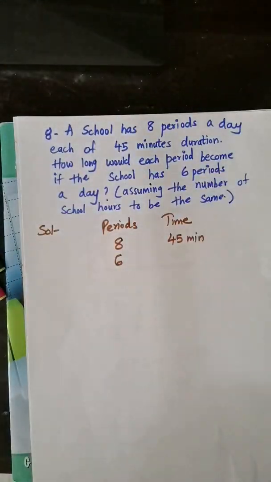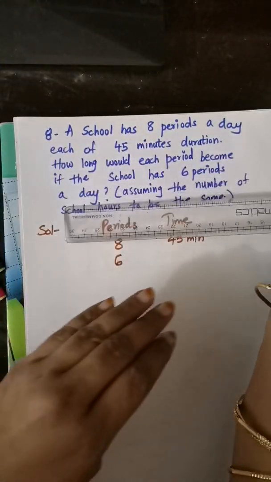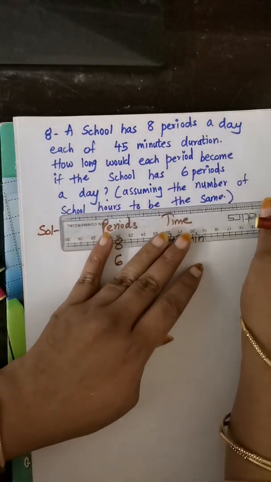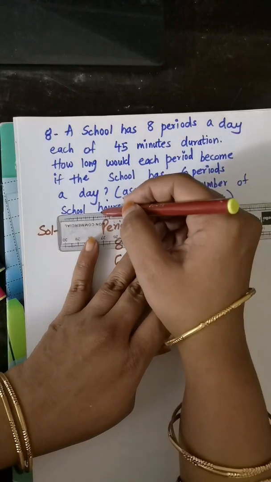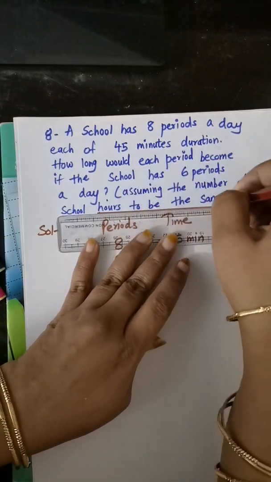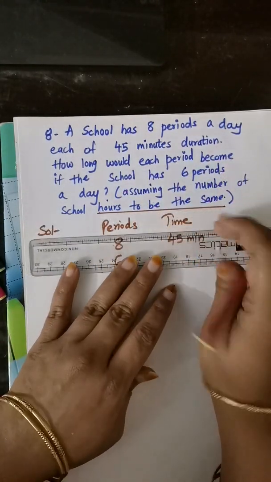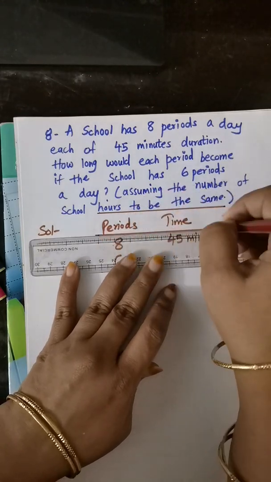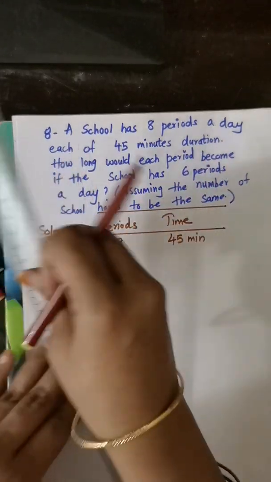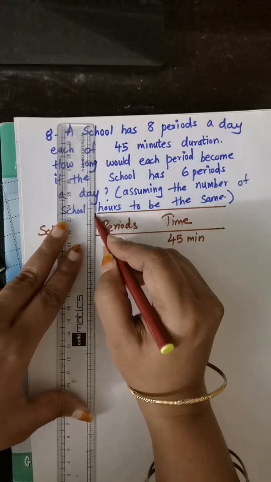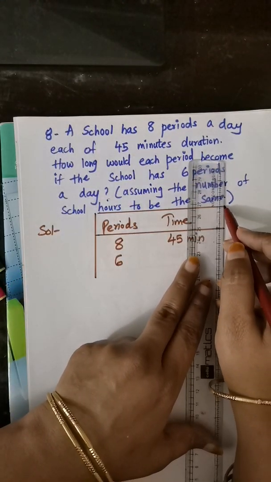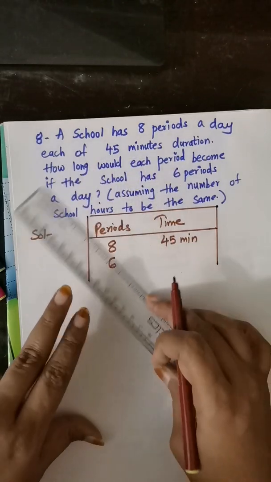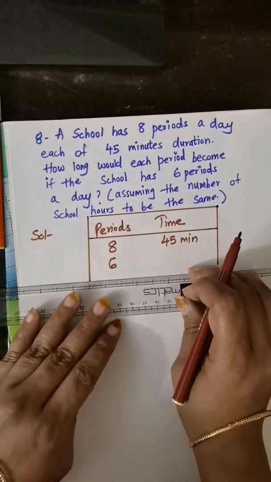So if 8 periods are there, each period will be of 45 minutes. But if the periods are decreased, the duration of a period will increase. So this sum is based on inverse proportion. Number of periods is decreasing, the time for each period will increase.